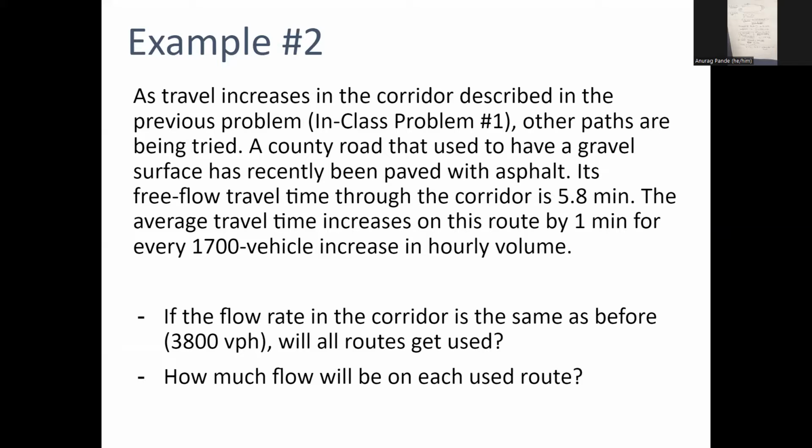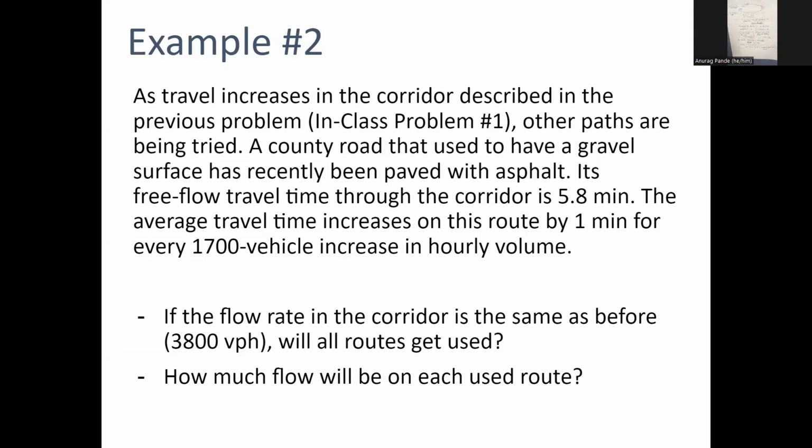As travel increases in the corridor, a new route is tried. A county road that used to have a gravel surface has recently been paved with asphalt. Now the free flow travel time through the corridor is 5.8 minutes. Okay, so there is a third route that they introduced. The free flow travel time through that route is 5.8 minutes.